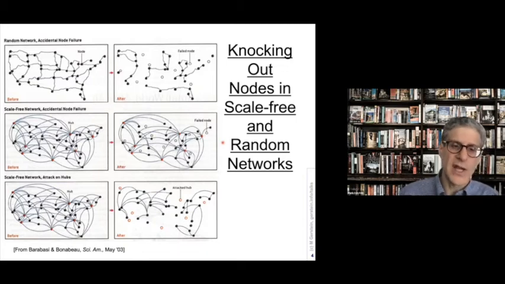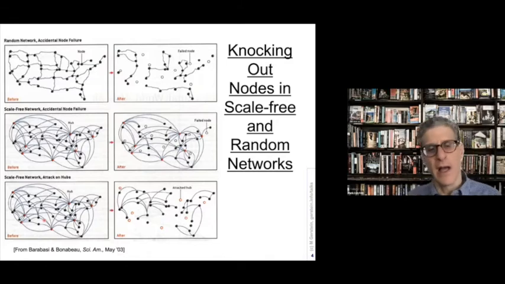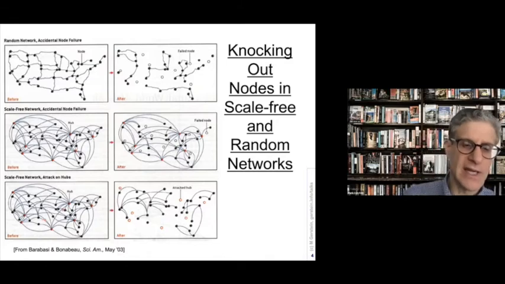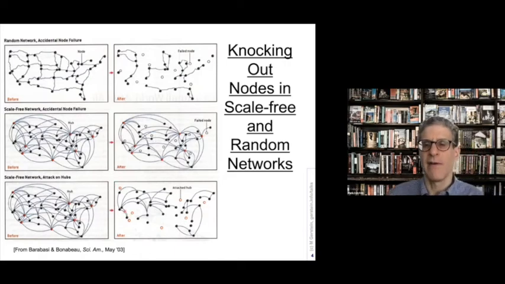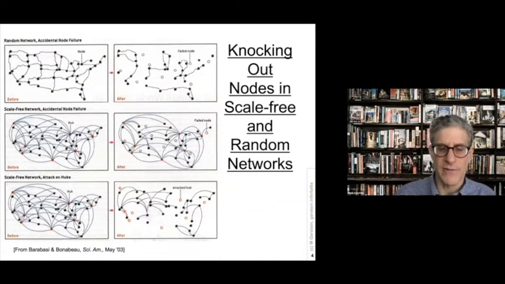However, the converse is that it's extremely vulnerable to targeted attack on the nodes. If you look at the scale-free network and want to disrupt it, it's obvious that if you just attack these hub nodes with a small number of attacks, you'll completely destroy the network. So it changes the robustness profile of the network.